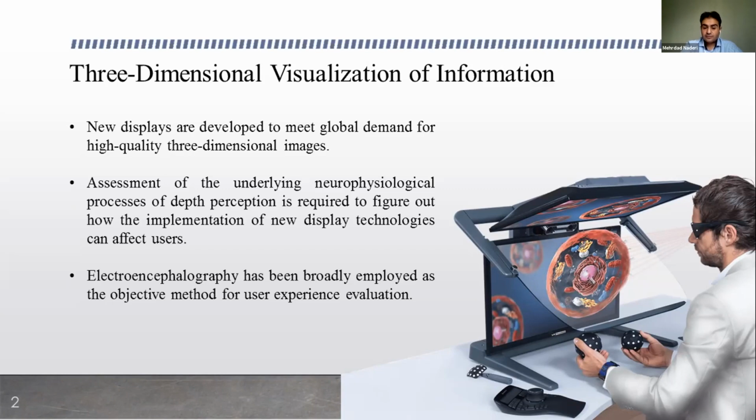Therefore, the objective assessment of the effect of improved techniques producing 3D images on the human brain is important in order to reduce the side effects resulting in visual discomfort. However, many 3D techniques fail to provide users with a comfortable viewing experience.